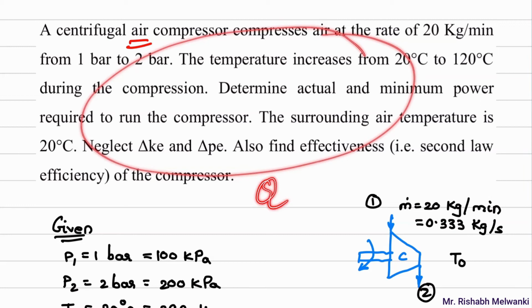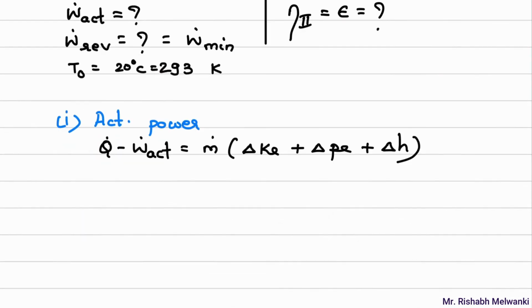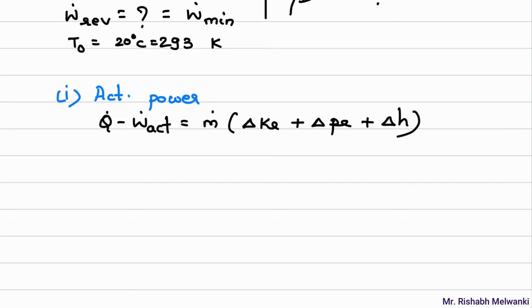What is the meaning of that? We have to assume that this compressor is insulated. I have shown insulation by red color, meaning Q dot is 0. I'll neglect Q dot because it has not been mentioned in the question. We don't have a value, so this is 0.